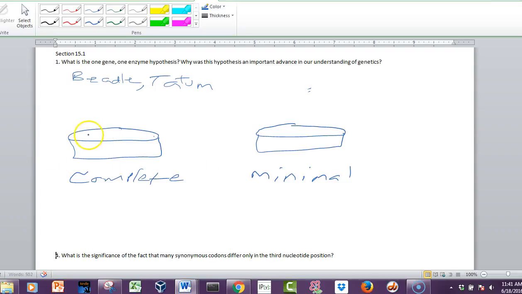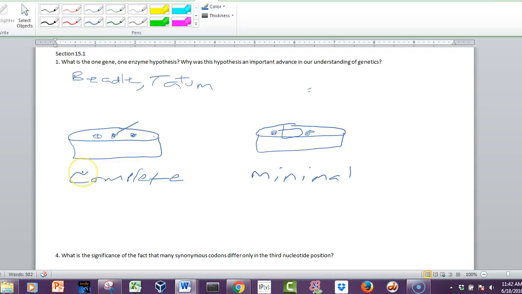And so they found these are colonies growing on this plate. They found some mutants. That's a colony, and then we'll put a colony here. And so the mutant that was here can grow on the complete medium, but it can't grow on the minimal medium.